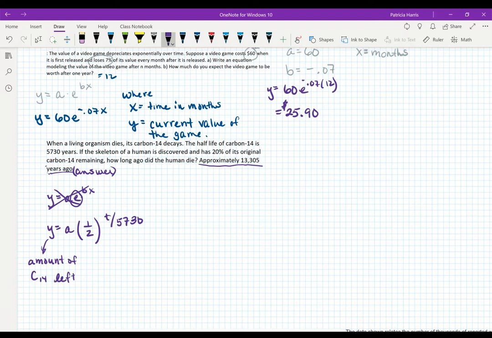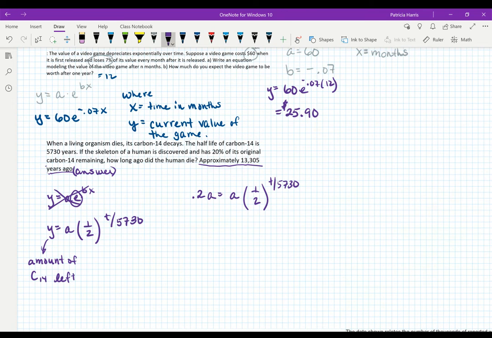Now, notice they didn't give us an original amount. They just said 20% of the original. So we're going to go 20% of A is equal to A times 1/2 to the t over 5,730, where 5,730 is our divisor of our time t.